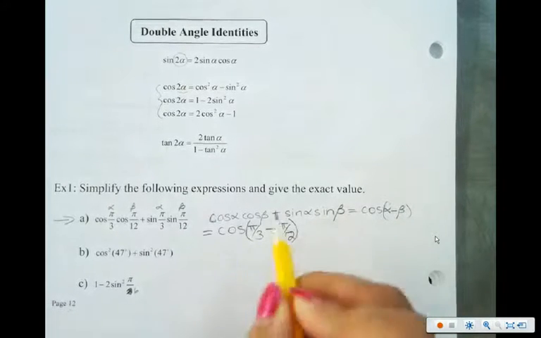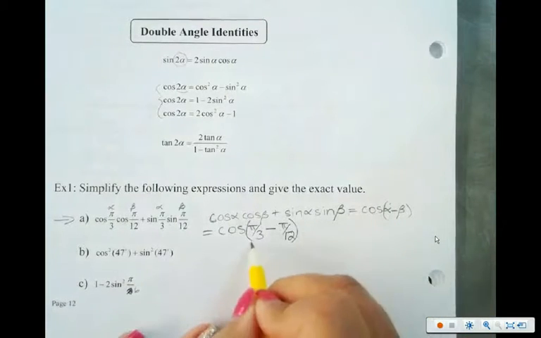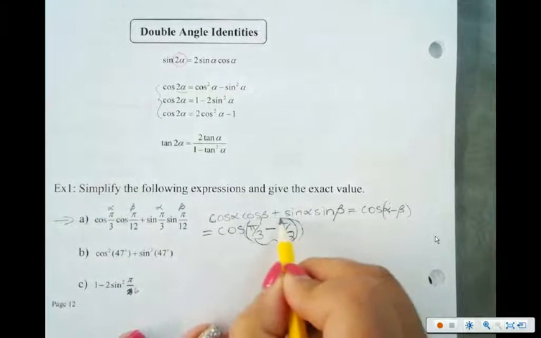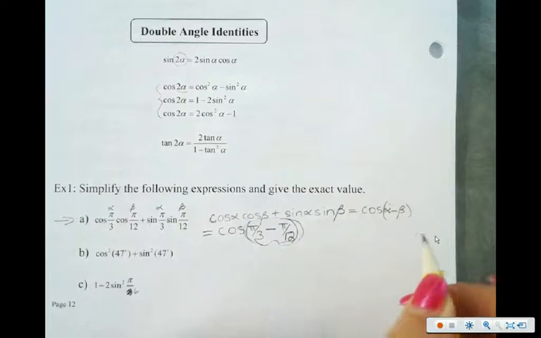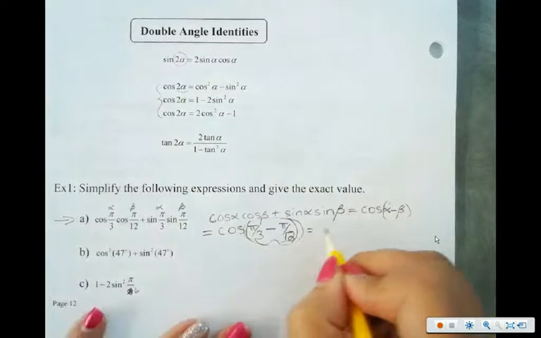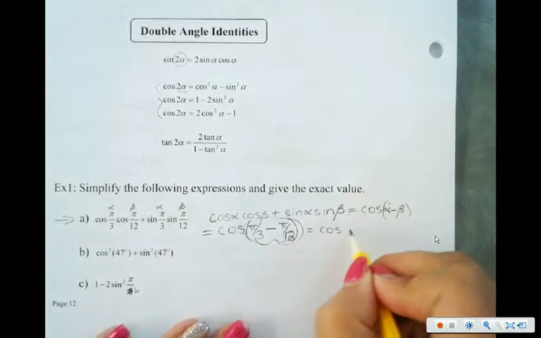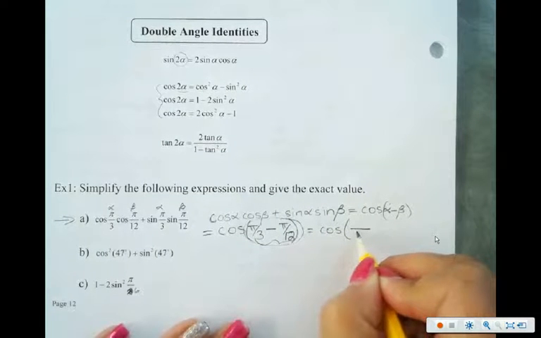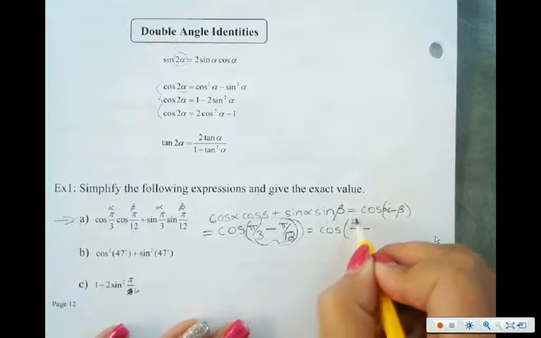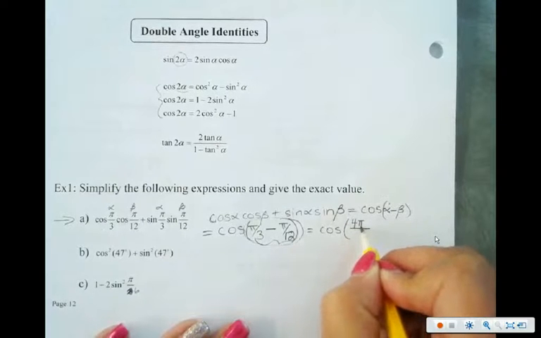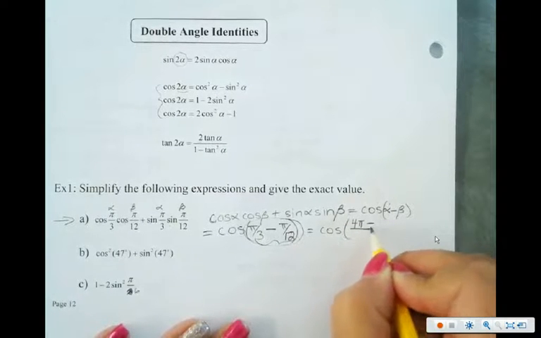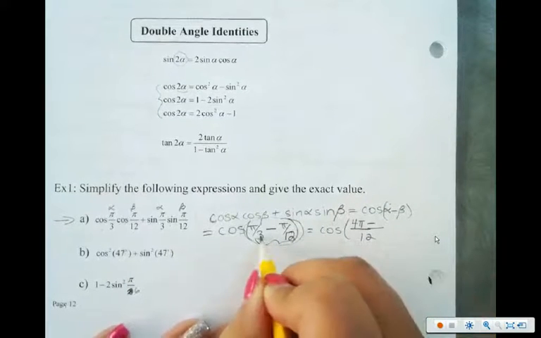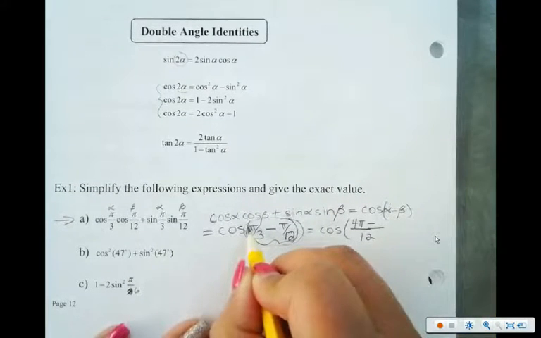Now figure out this part. So what does that equal? We need a common denominator. So what's our common denominator here? 12, so that's 4 pi minus pi all over 12, right? We're multiplying this by 4 and this by 4.